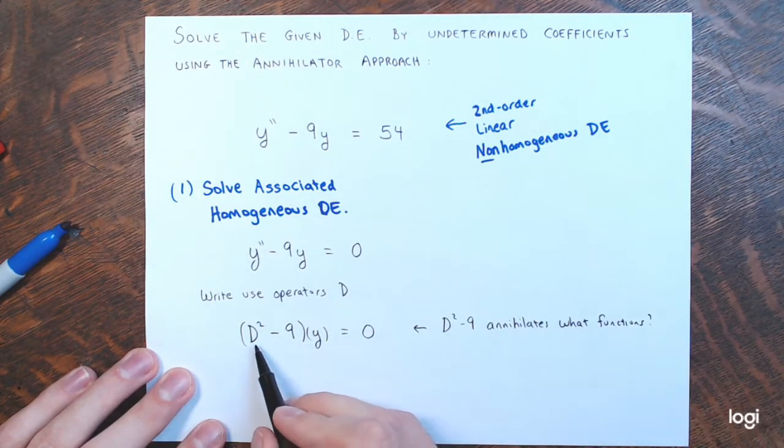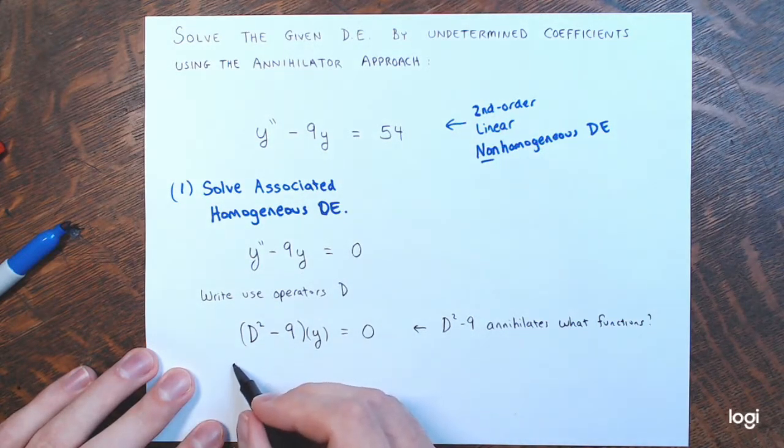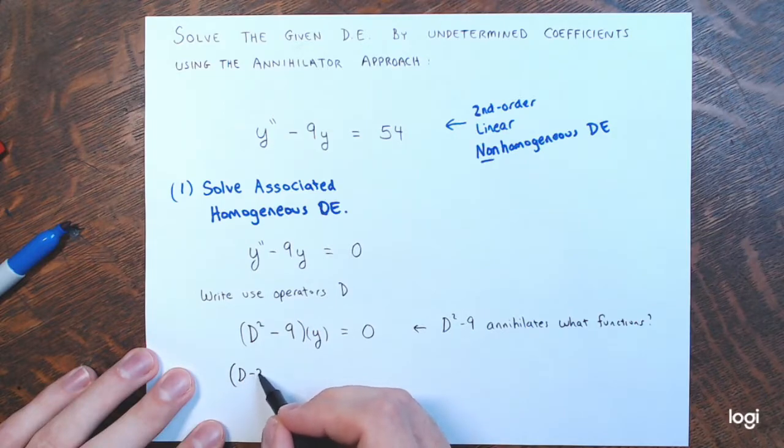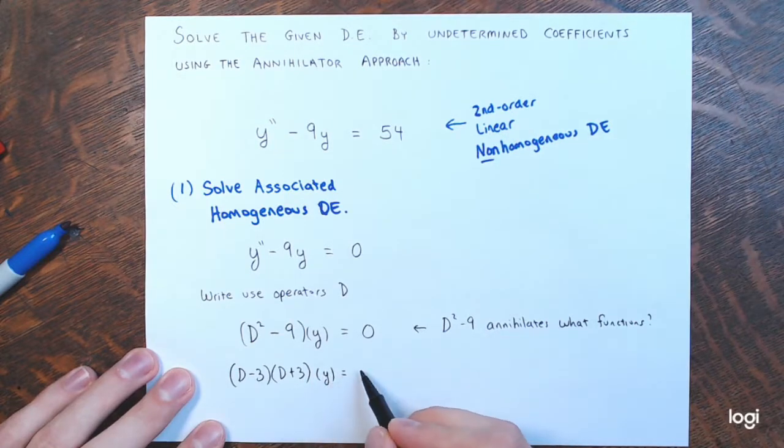Well, D squared minus 9 is a factorable expression. That factors to D minus 3 times D plus 3. So I have this operator applied to some function y equal to 0.